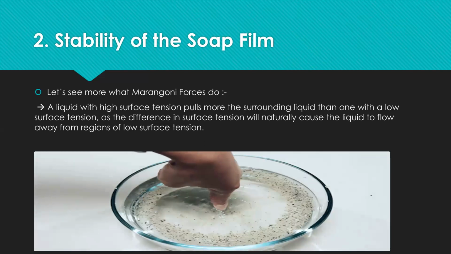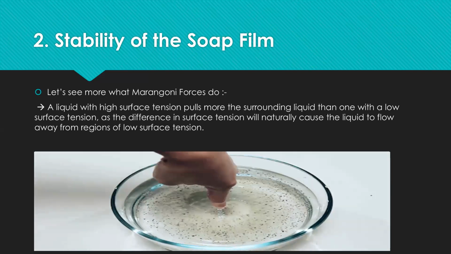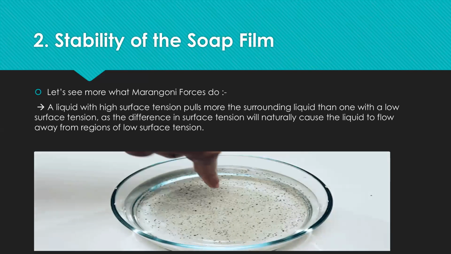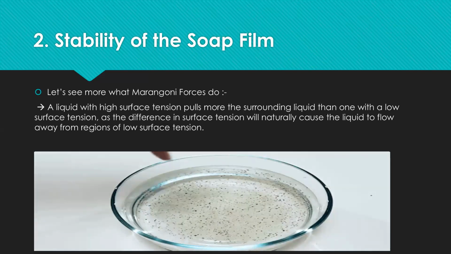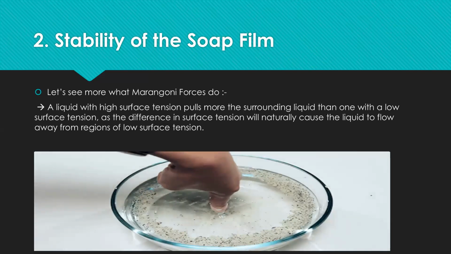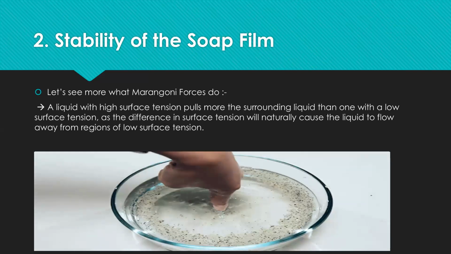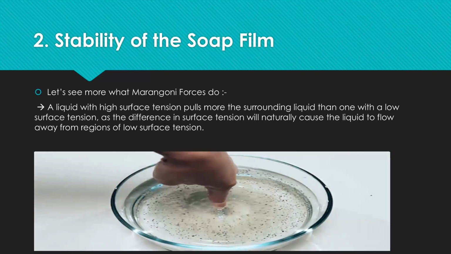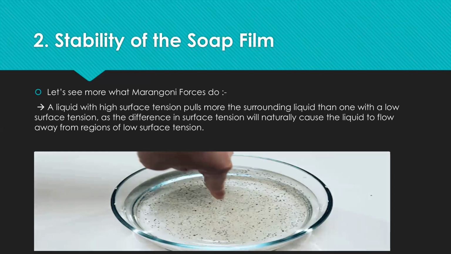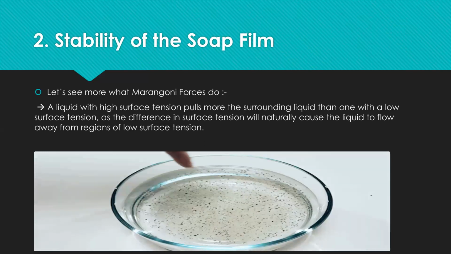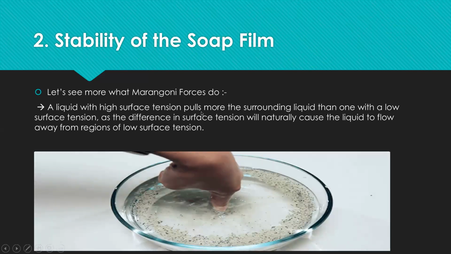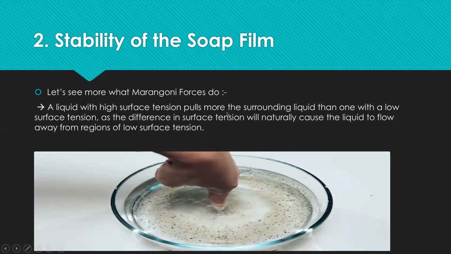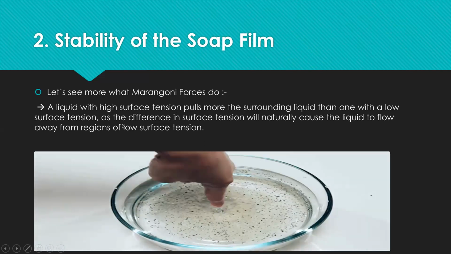Because of the difference in the surface tension, the peppers go away from the soap solution which I dipped. Because of this phenomenon, it is known as the Marangoni effect. Here, a liquid with high surface tension pulls the surrounding liquid more than one with a low surface tension.